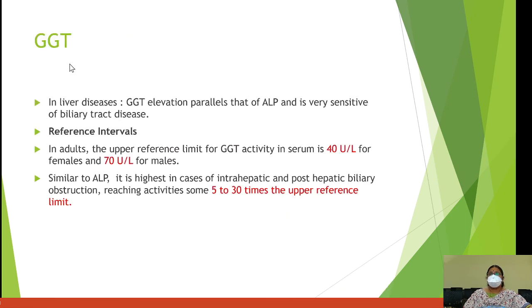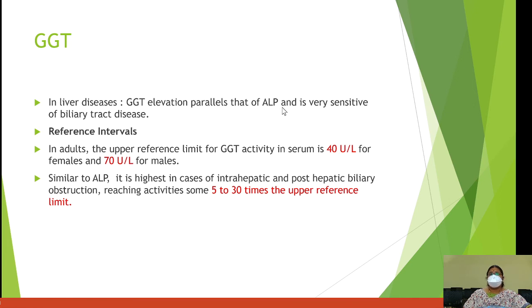So apart from alkaline phosphatase, another enzyme which is elevated in obstructive liver disease is GGT. GGT is gamma glutamyl transpeptidase. In liver diseases, GGT elevation parallels that of alkaline phosphatase elevation.